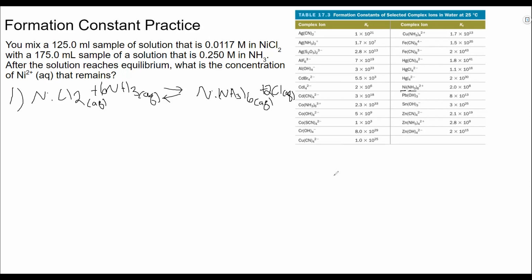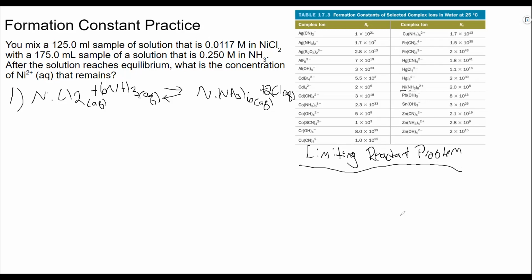Now, one of the tricks about this problem, well, it's not really a trick, but one of the things you need to know is that in essence, it's a limiting reactant problem. And if you don't remember that, I will include a link to my videos on limiting reactant problems in the description below.